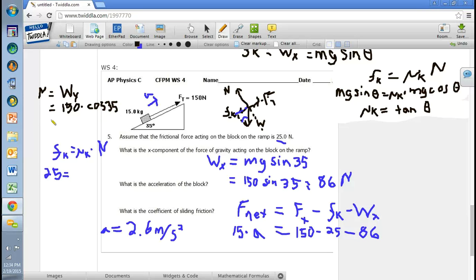Okay, I don't want to figure out what n is. I think you guys can do that. But what I want to do is figure out what mu k is. So could you guys go ahead and solve for n and then solve for mu k, and then once you get an answer, can you go ahead and chat it up there or say it out loud so we know?